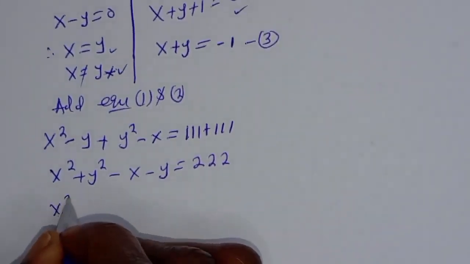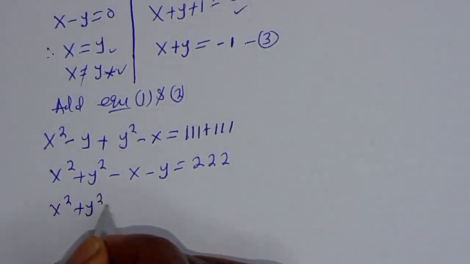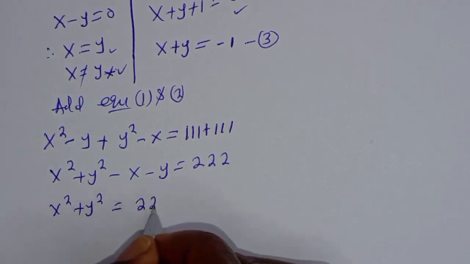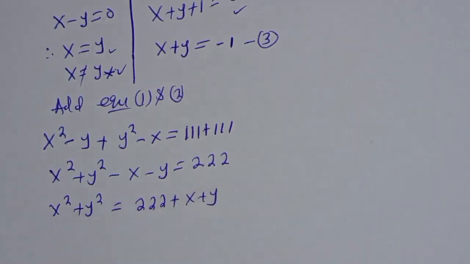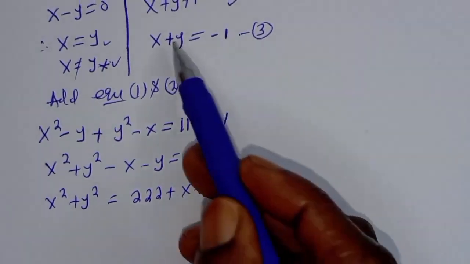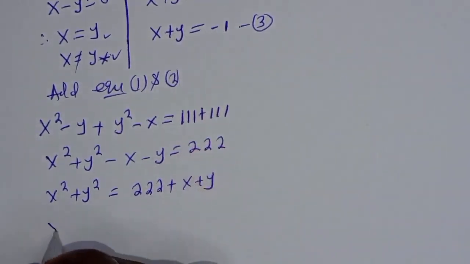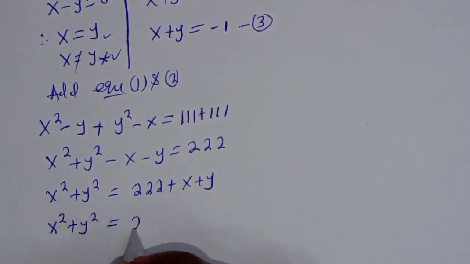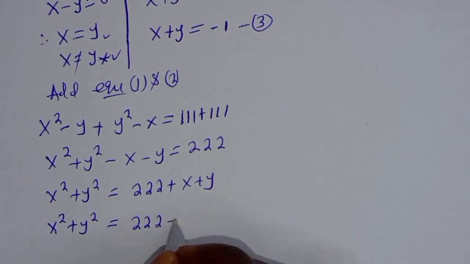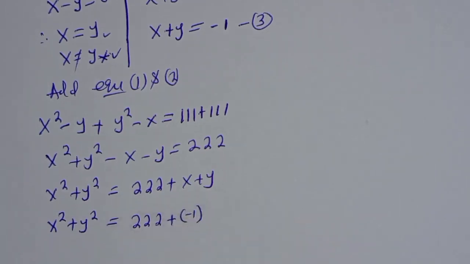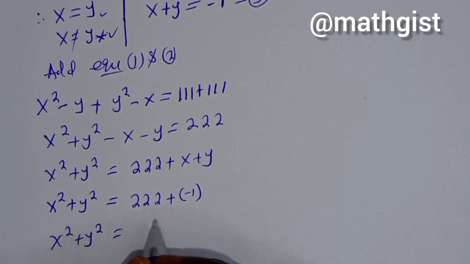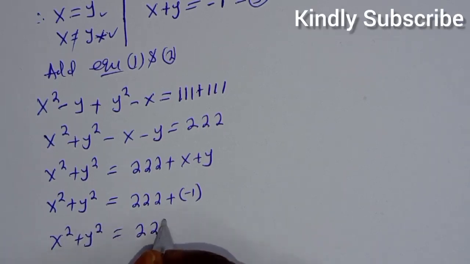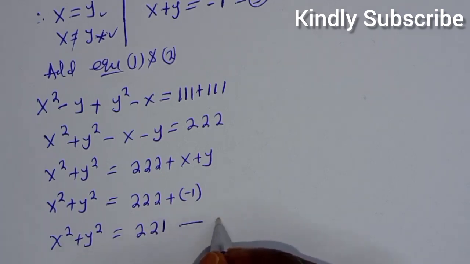Then x squared plus y squared will be equal to 222 plus x plus y. But we know that x plus y is equal to minus 1. Then x squared plus y squared is equal to 222 plus minus 1. x squared plus y squared is equal to 221. Let's call this equation 4.